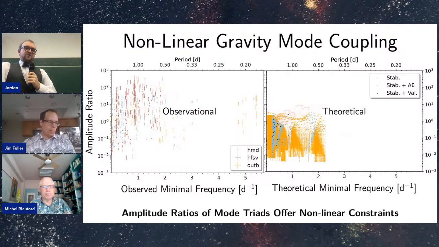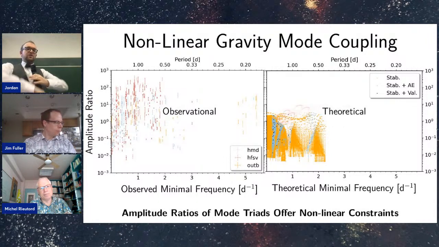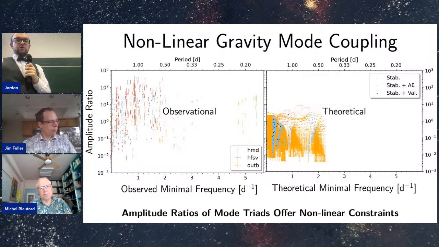And if you have different opacities, or at least different opacity gradients inside these zones where the modes are being driven, then you would also have different amplitude ratios that would be predicted, and therefore maybe we can have a look at the role of opacity within this whole framework.